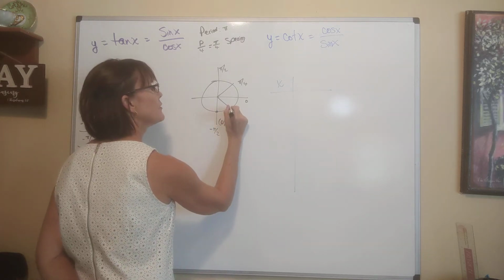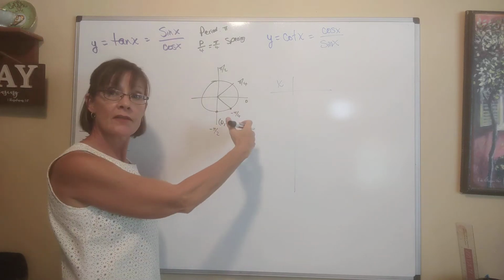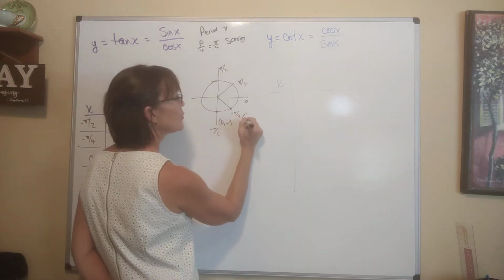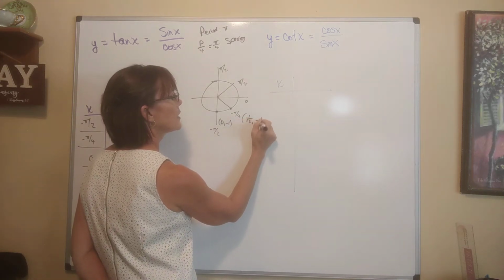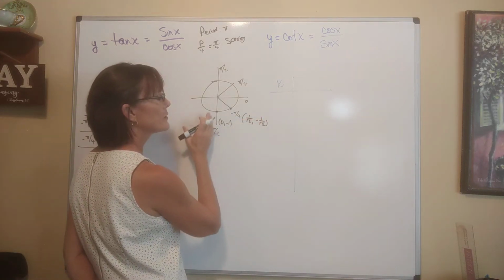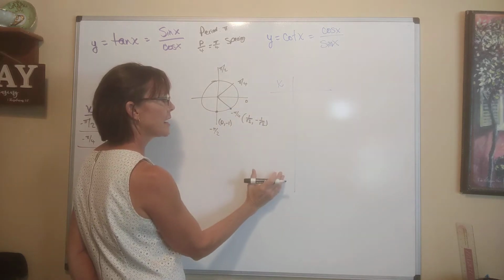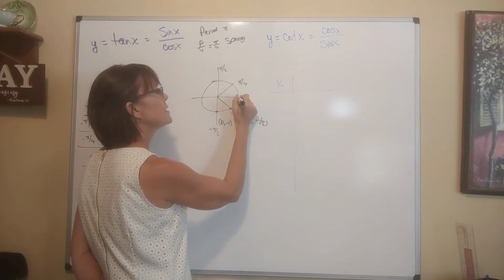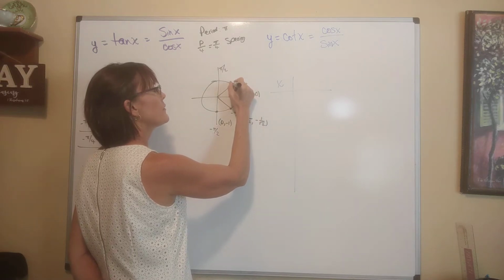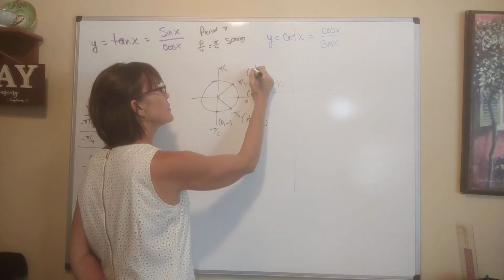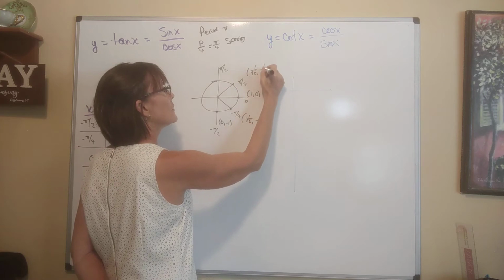At this point, -pi/4, that's the same thing as 7pi/4. And so its coordinates are 1 over the square root of 2, -1 over the square root of 2, because I'm in quadrant 4. Right, positive, down, negative. This point 0 has the coordinates 1, 0. This point pi/4 has the coordinates 1 over the square root of 2, 1 over the square root of 2.